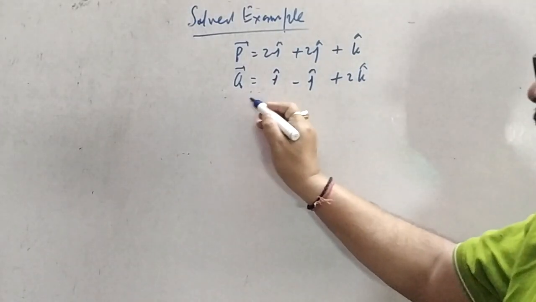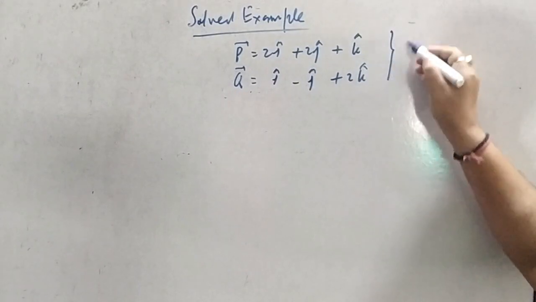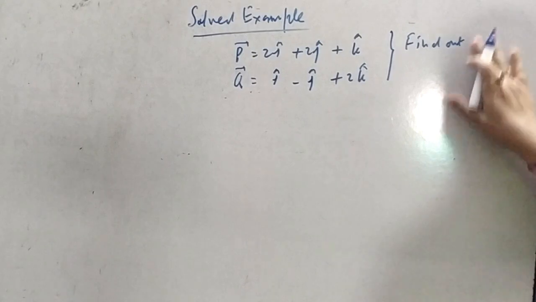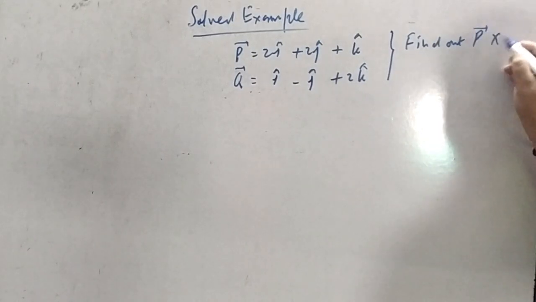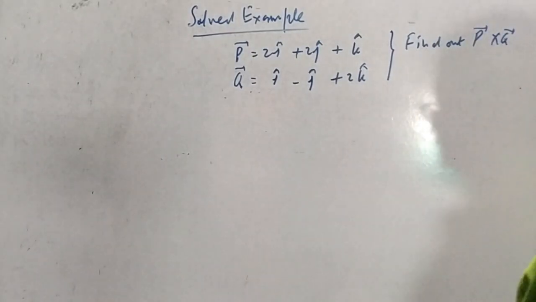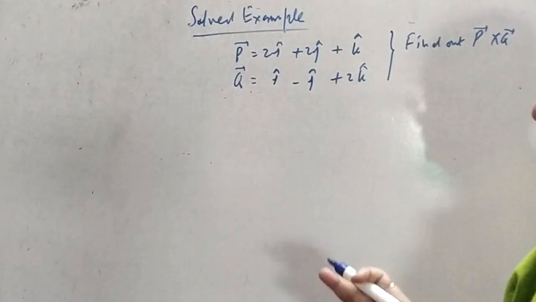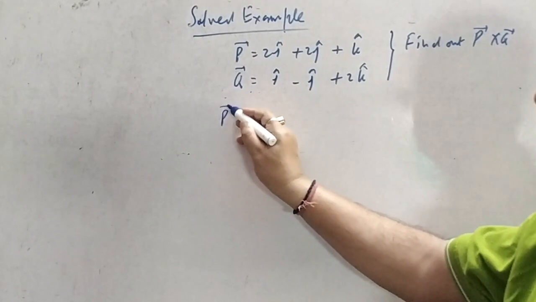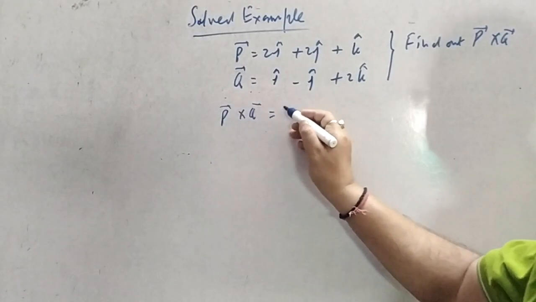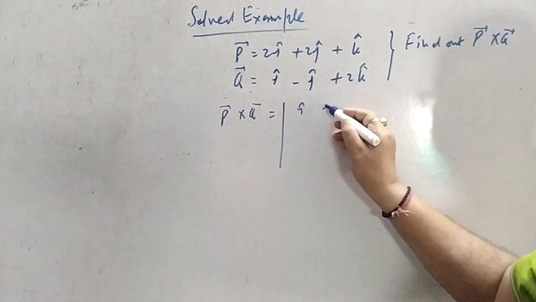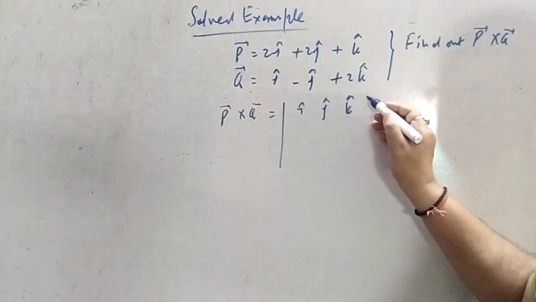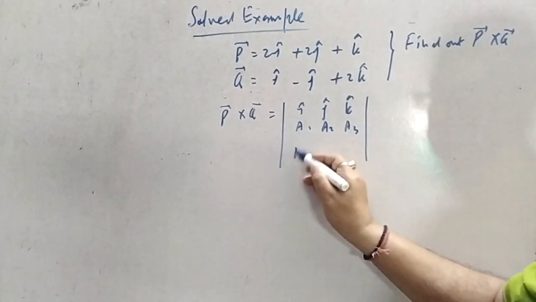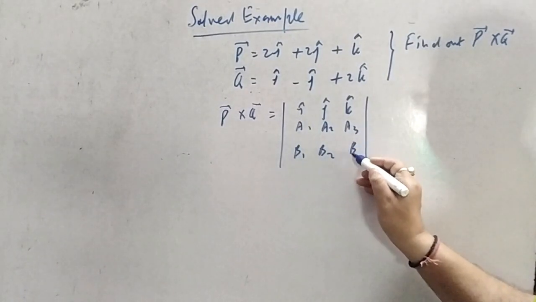And we have to find out p cross q. ये निकालना है. तो हमको दिस क्रॉस दिस करके डायरेक्ट नहीं निकालेंगे, बट डिटर्मिनेंट से हम लोग उसको डायरेक्ट निकालेंगे. We write p cross q equal to i j k, a1 a2 a3, b1 b2 b3.